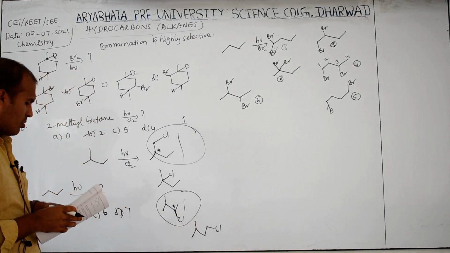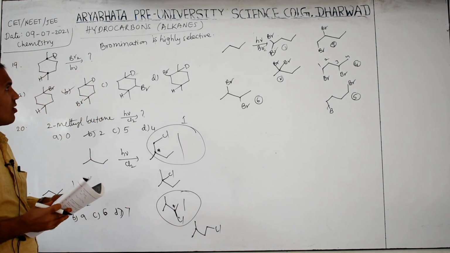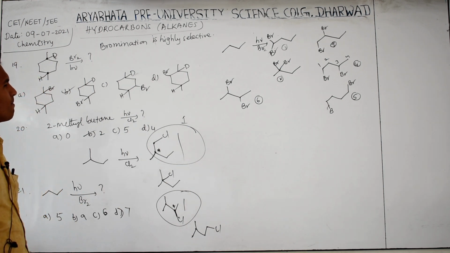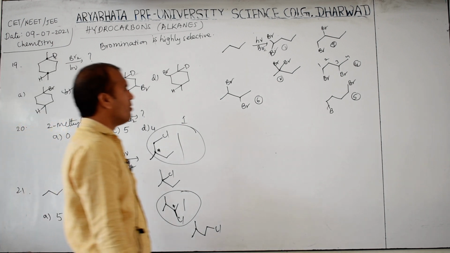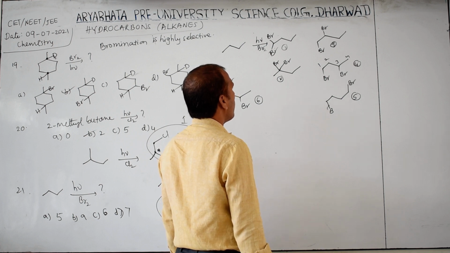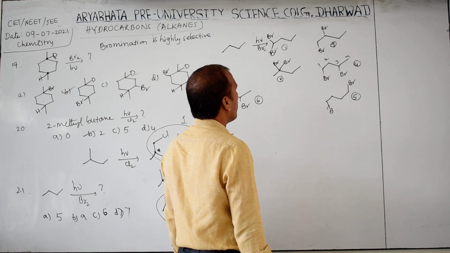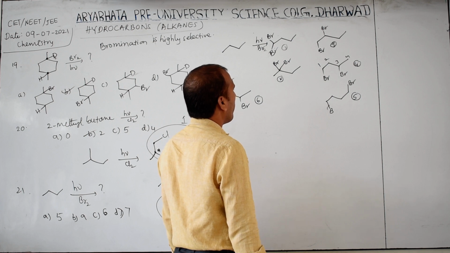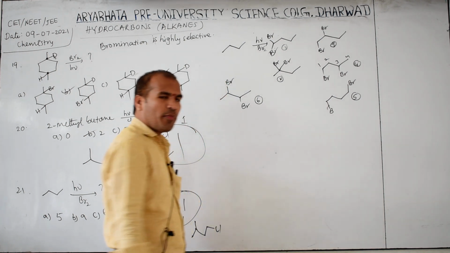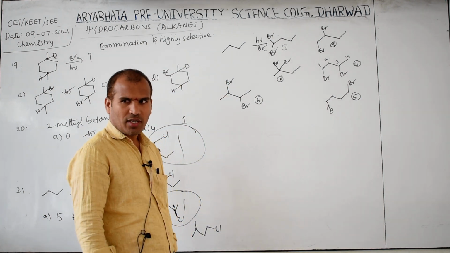You have to check whether any is missing, because if one is missing, the answer is gone. Actually, how many are possible in total? Only 6 are possible. Clear?